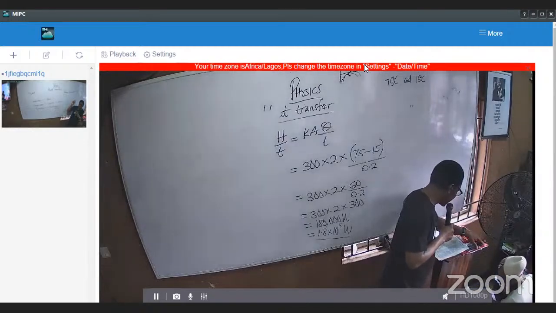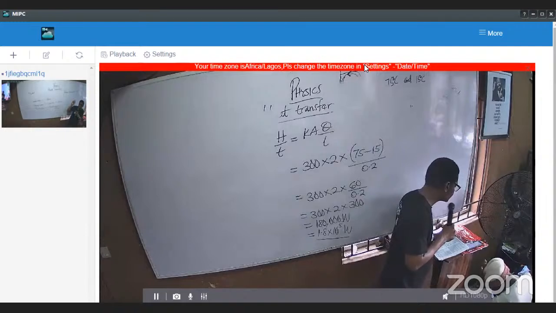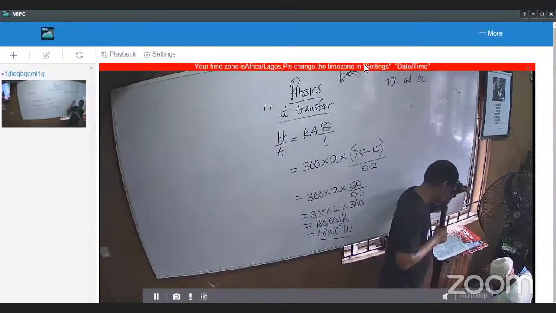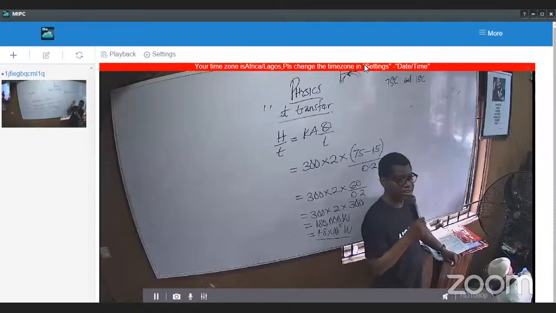Next question. Highly polished silvery surfaces are.